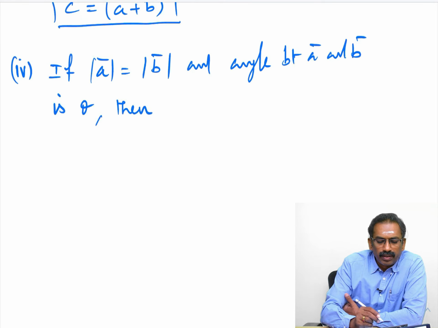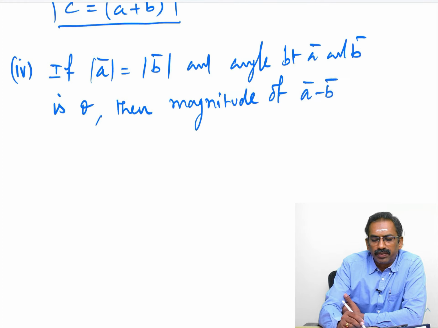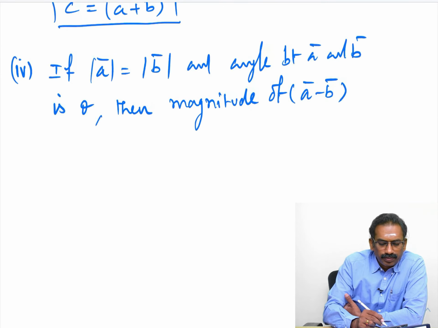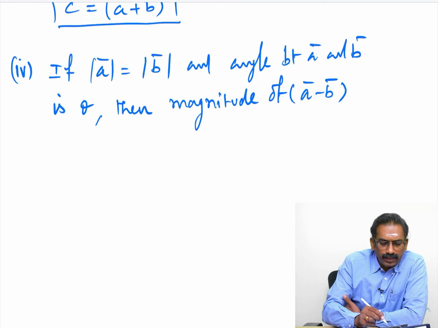Then the magnitude of a vector minus b vector, let us take it as c magnitude.